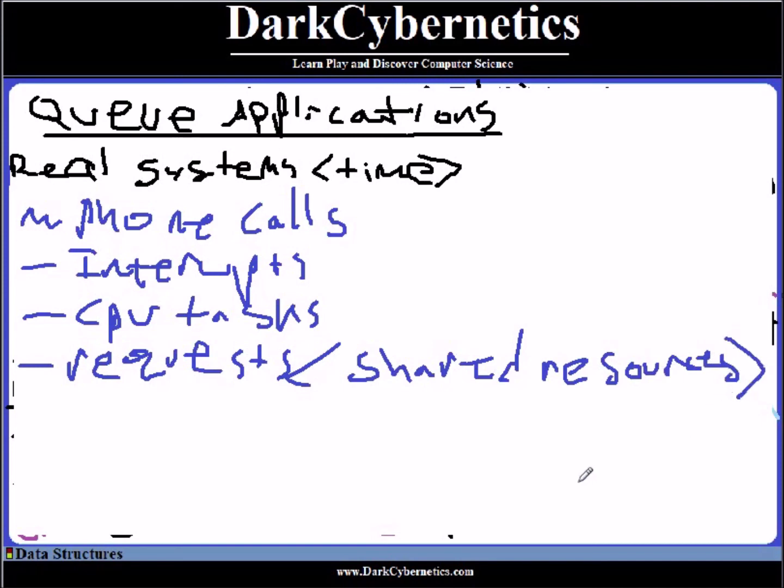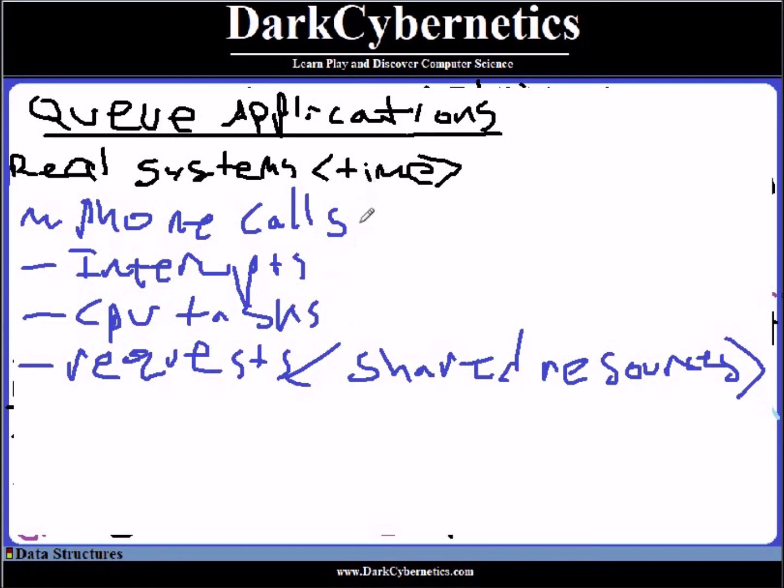So we talk about phone calls, real-time system applications, interrupts for CPU tasks, and handling shared resource requests. Okay, so those are good examples this time, since we are using a queue.